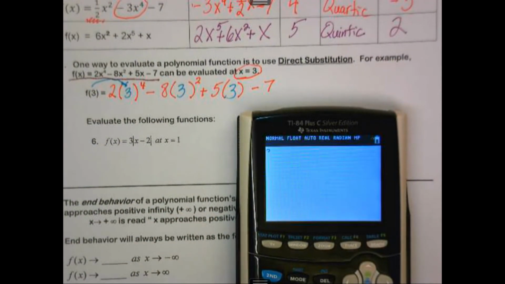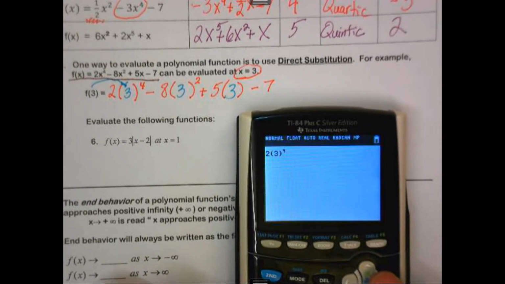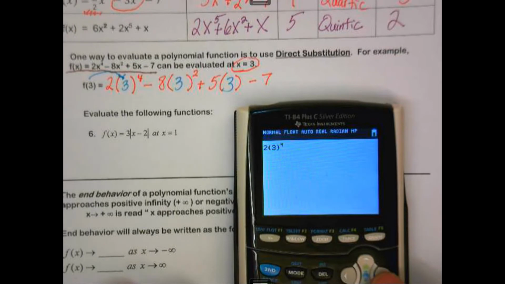So I got 2 times 3 raised to the 4th minus 8 parentheses 3 raised to the 2. Oh, see, I messed it up already. 2 parentheses 3 raised to the 4th. Now the problem was I have to hit this arrow key to get out of that exponent.